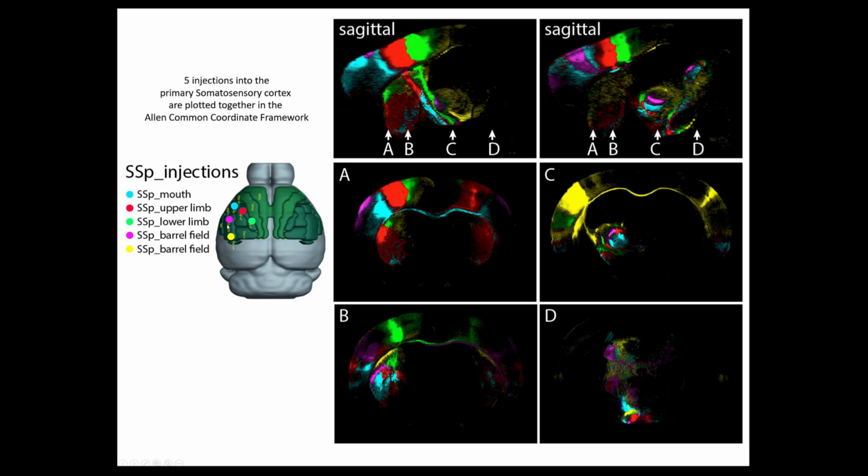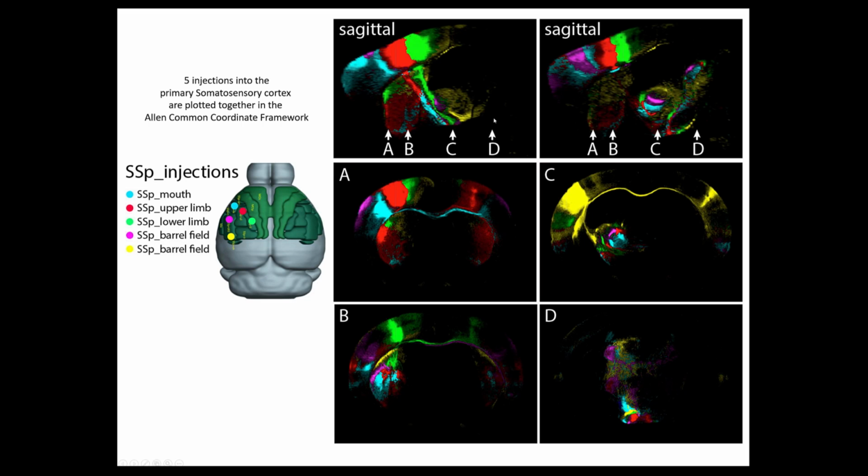So these are all taken from different animals, registered to their common atlas, and then we can combine them into that atlas space, and then view and look at the topography, the way that these projections from the cortex project through the different parts of the brain.